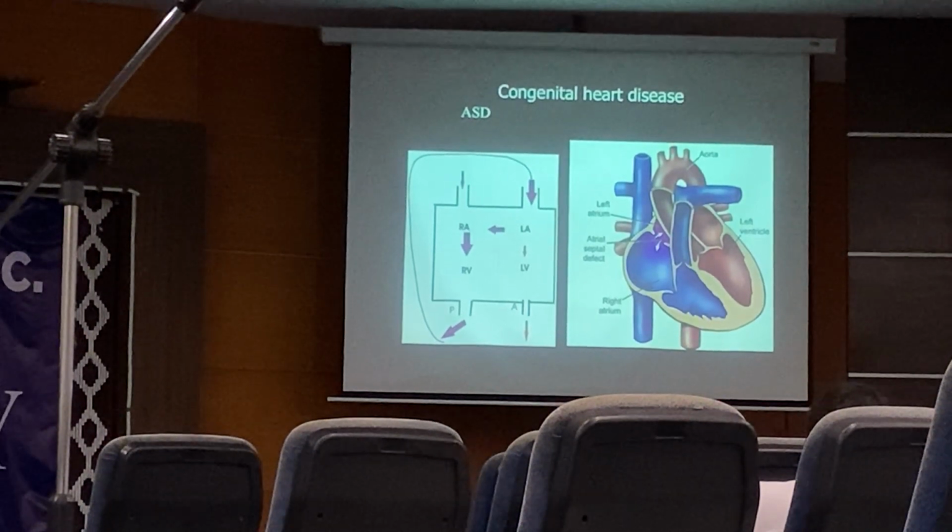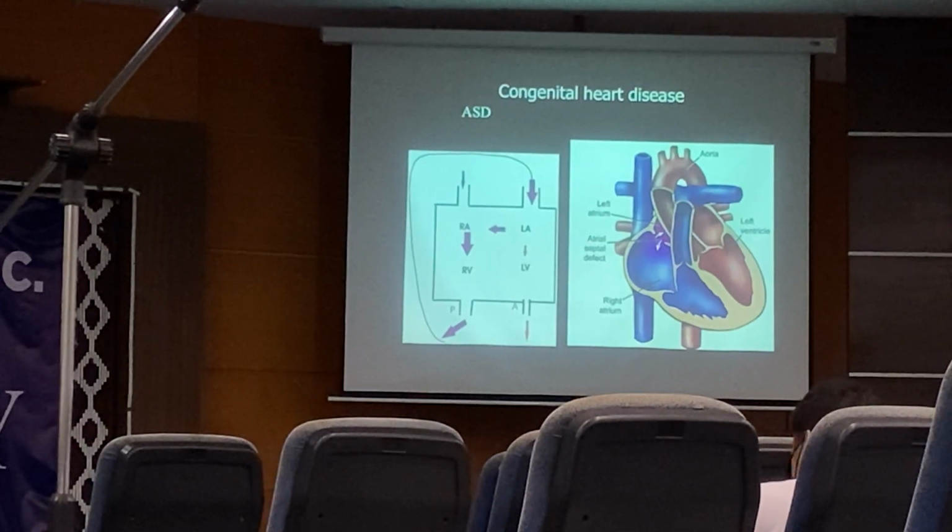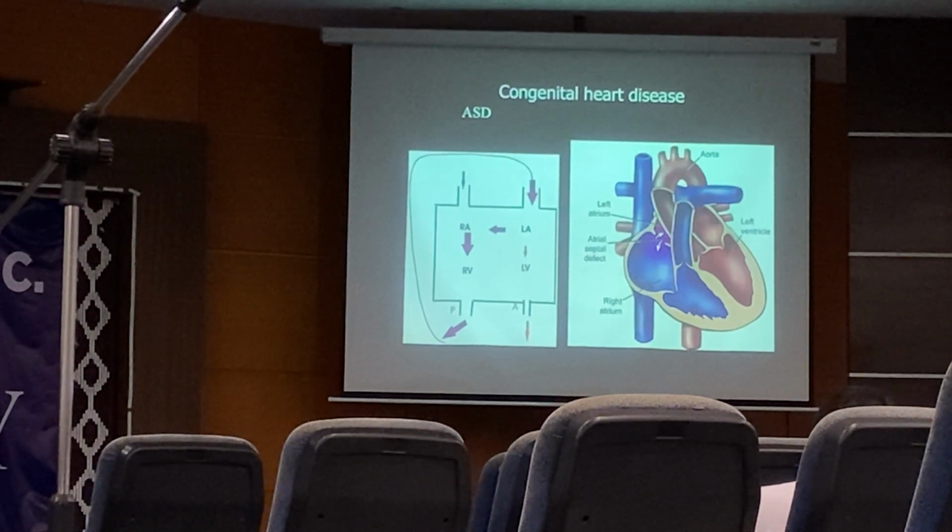You develop pulmonary hypertension, right? So once you develop pulmonary hypertension, instead of the systemic side having a high pressure, you develop also a high pressure in your pulmonary circulation. So when you have a high pressure in pulmonary circulation, then your right ventricle will be affected too.